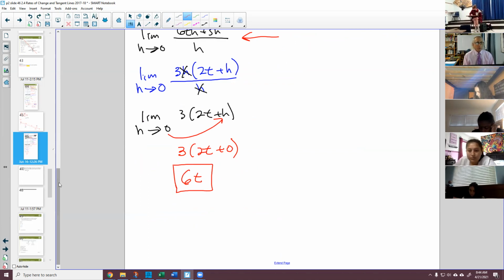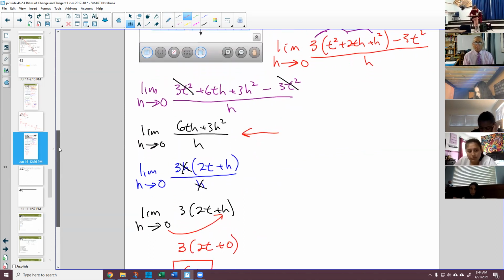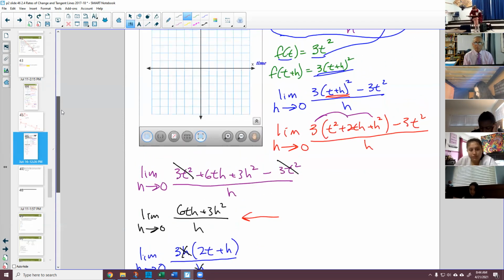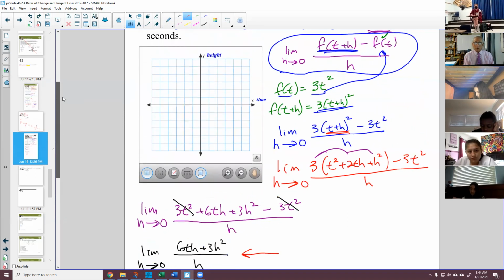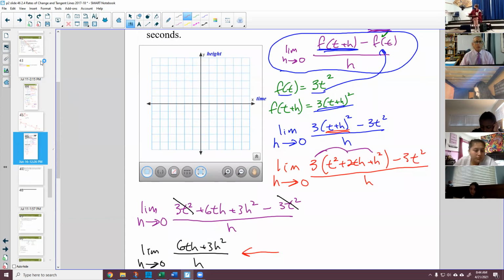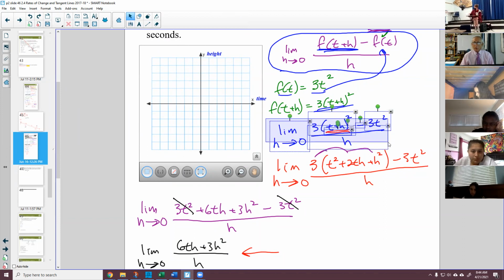I want to make this very clear here. This right here is what we started with: the limit as h approaches 0 of 3(t plus h) squared minus 3t squared over h.